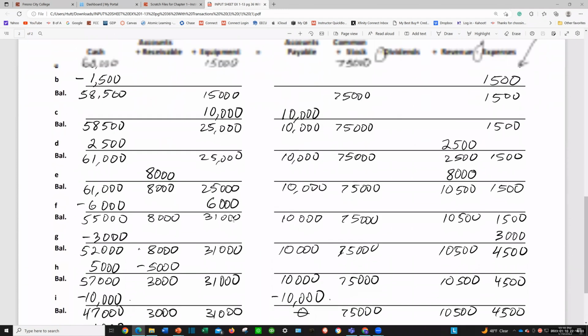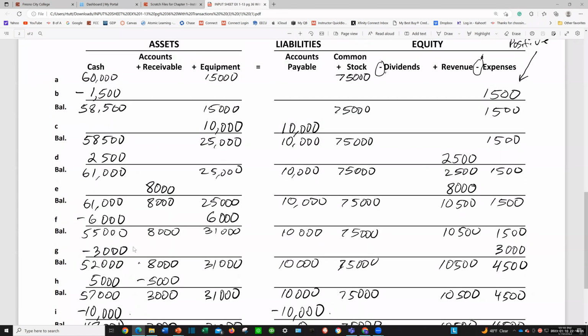Okay, let's see what that looks like in G. So we paid cash of 3,000. So we're going to subtract 3,000 from cash. And why did we pay the cash? To pay our wages, to pay our employee. That's going to be wages expense. So we're going to go over here to expense. Now, remember that we're going to put expense as a positive number.